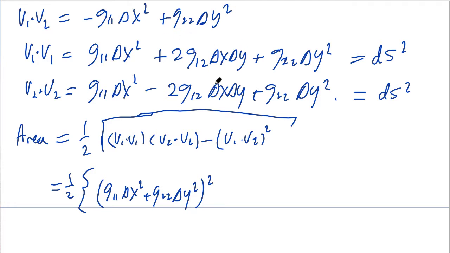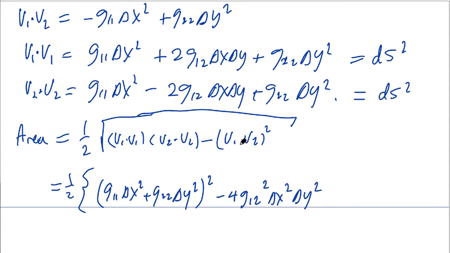And multiplying these two terms together, we have minus 4 g12 squared delta x squared delta y squared. And when we multiply this term times g11 and g22 terms from here, that will cancel what we get by multiplying this term times the g11 and g22 terms from here. So this is the result of this first part of the calculation.